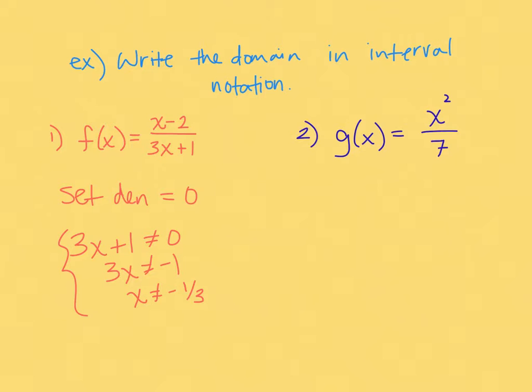Well, how are we going to write that in interval notation? Basically, we're going to say that, hey, our domain can start all the way down at negative infinity, but once we hit negative 1/3, we're not okay. So we cannot equal negative 1/3. But then we can jump over negative 1/3, and we can travel all the way to positive infinity and be okay.